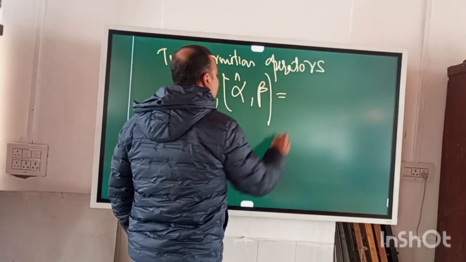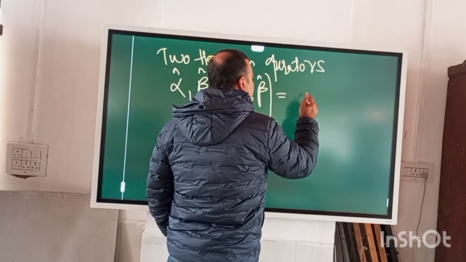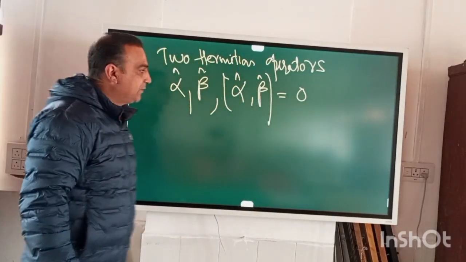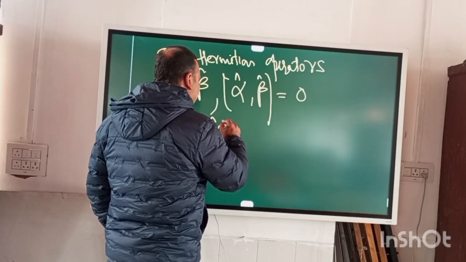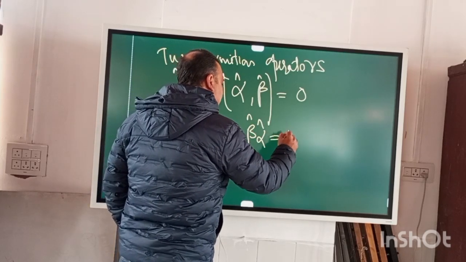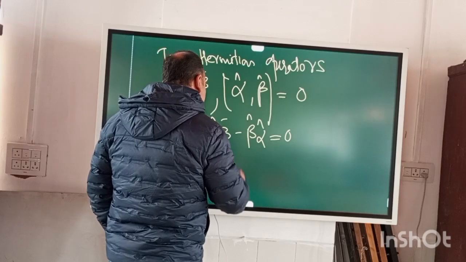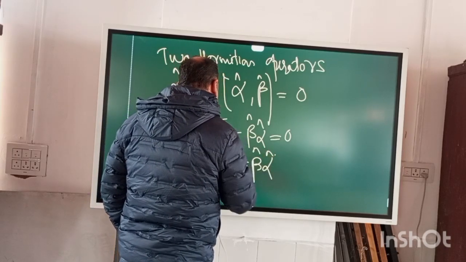If they commute, their commutator is equal to 0. So the result of this commutation, alpha cap beta cap minus beta cap alpha cap, is equal to 0. So alpha cap beta cap is equal to beta cap alpha cap.